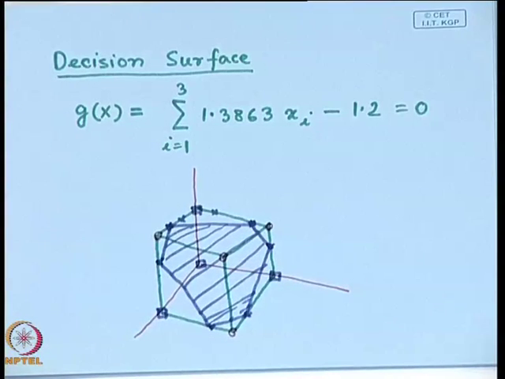So it simply says that if at least two components of the feature vector are equal to 1, then the point is classified to class omega 1.